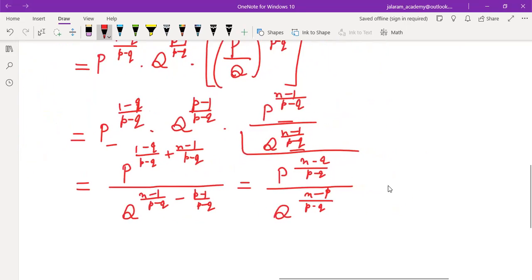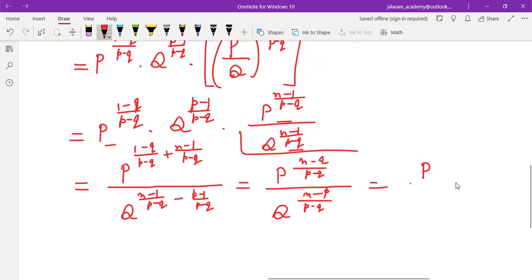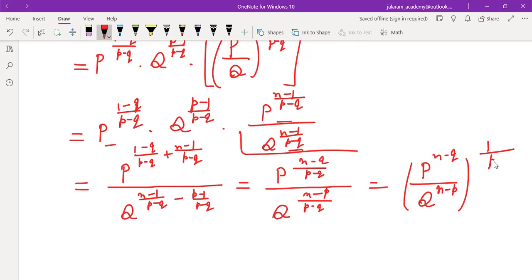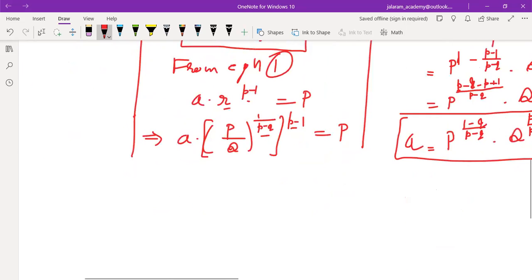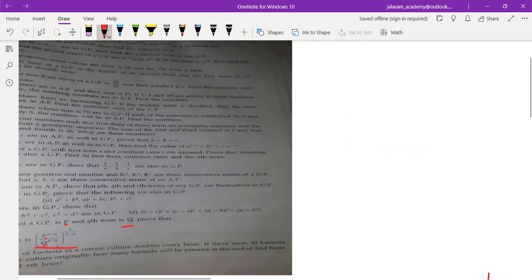Both have the denominator p minus q. So we can write P to the power n minus q over Q to the power n minus p, whole to the power 1 upon p minus q, as the answer of the nth term. And this is what we have to prove in this question, hence proved.